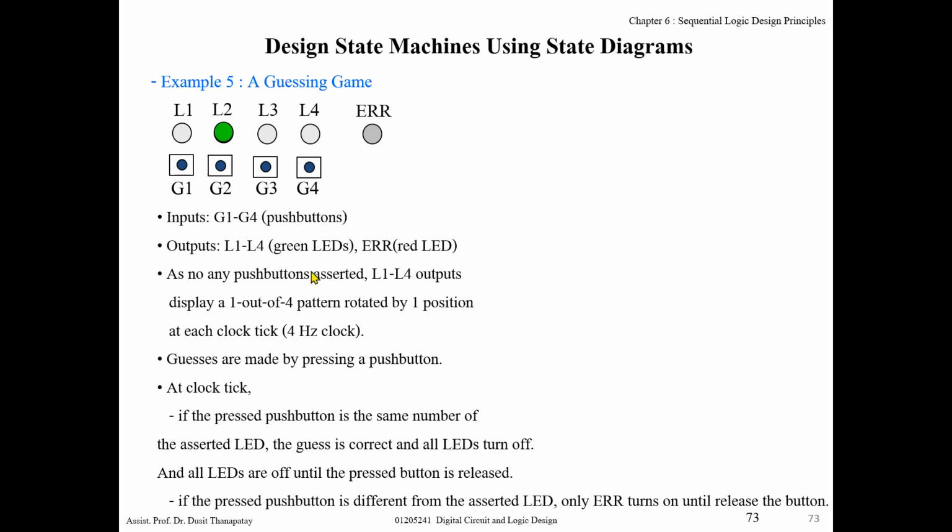And the player tries to press the switch at the same time when this LED turns on, right? Anyway, if this LED runs at a constant rate or speed, the player can guess easily, right?